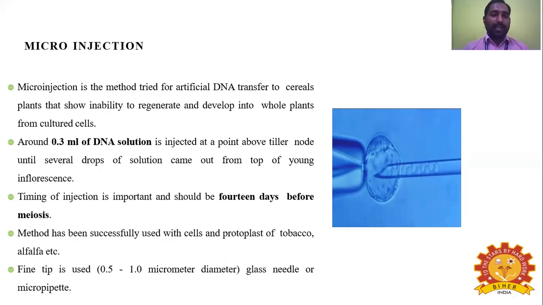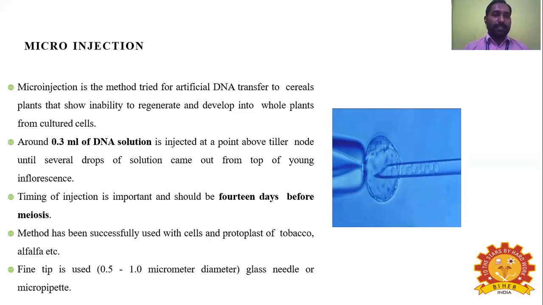Through that, the cells will have a more interactive nature with the host and foreign material, and finally it will have much more integration and become the complete recombinant molecule. This method has been successfully tried in different cells and also protoplasts of tobacco and alfalfa. These are a few plants they tried in earlier times.